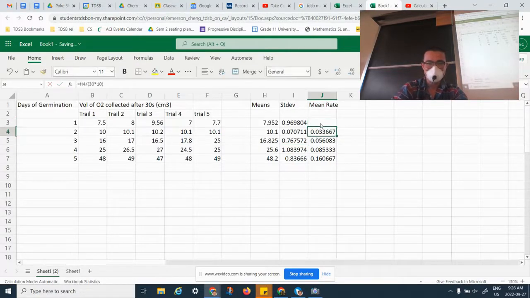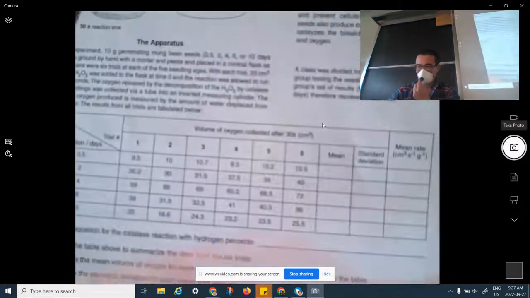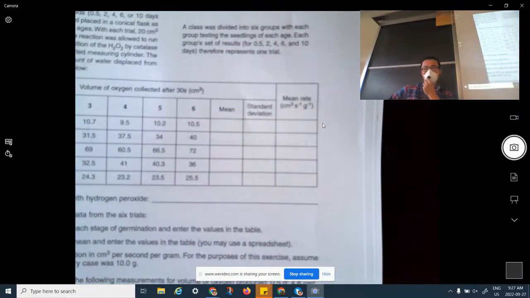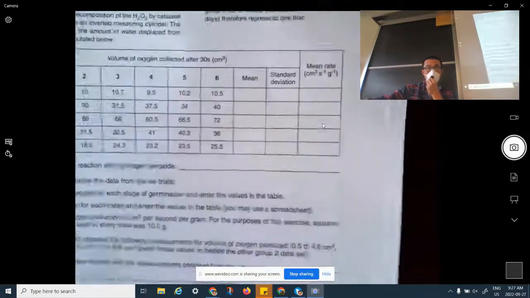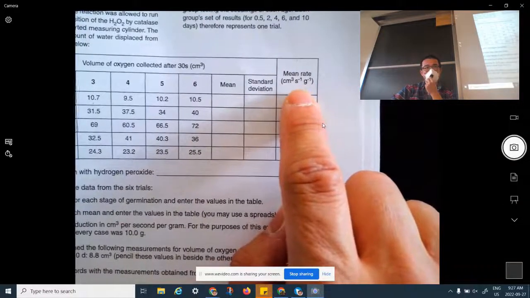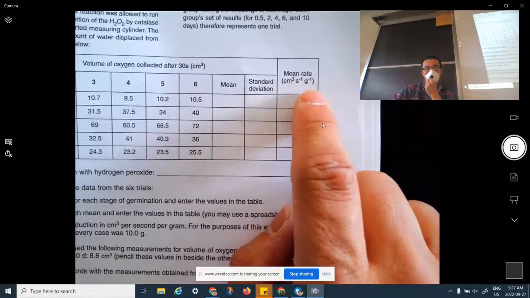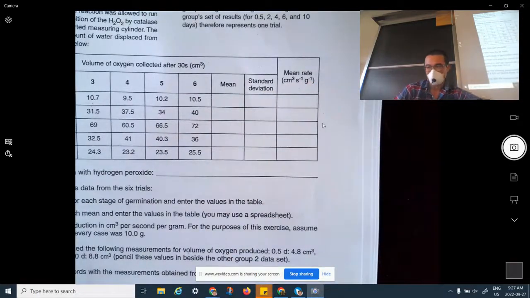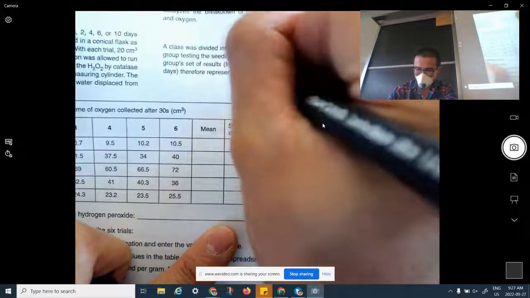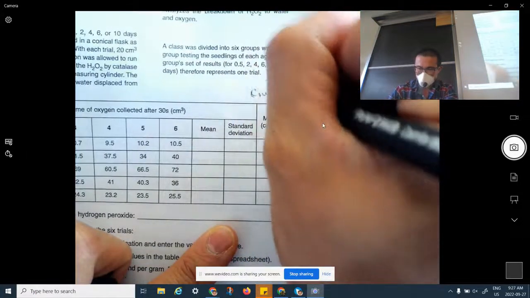Now, the mean rate, and I'm going to delete this. If you look at the handout itself, for the mean rate, they gave you the units: centimeter cube, s to the power of -1, grams to the power of -1, which, if you put it in fractional form, is centimeter cube over s and g.